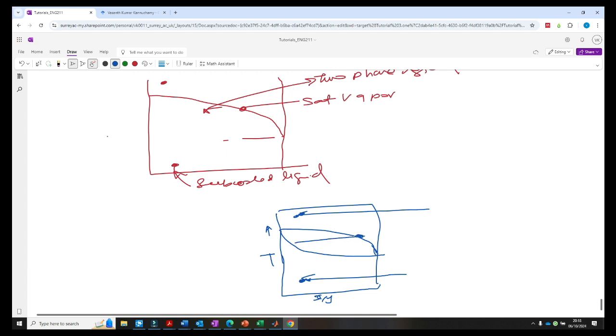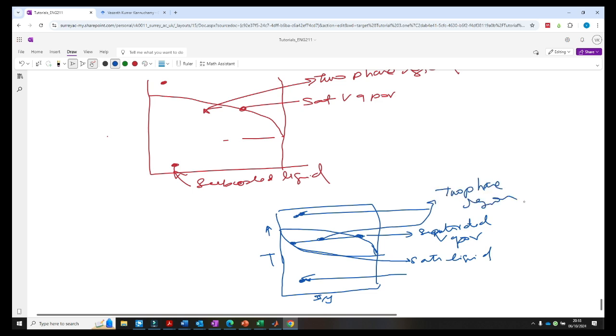One end of the tie line that cuts the y line, that's the saturated vapor. And the tie line where it cuts the x line, that's the saturated liquid, and in between the tie line, that's the two-phase region.